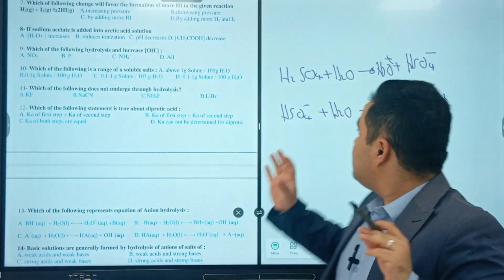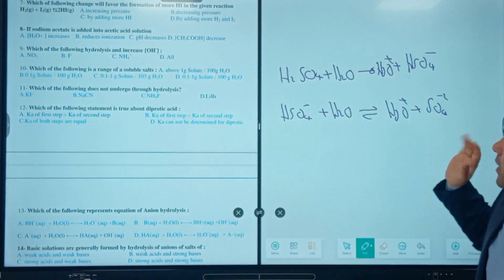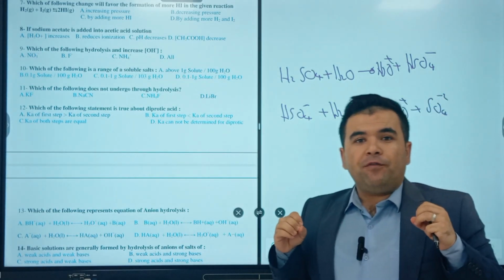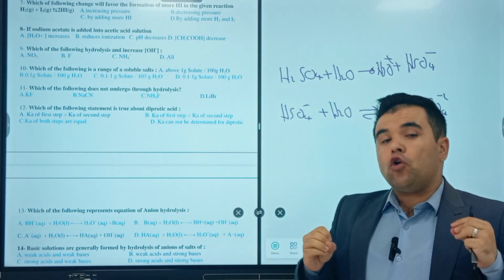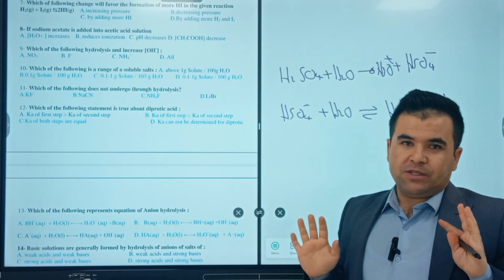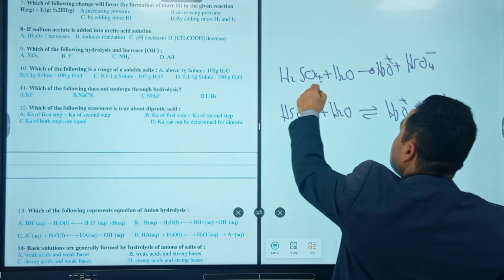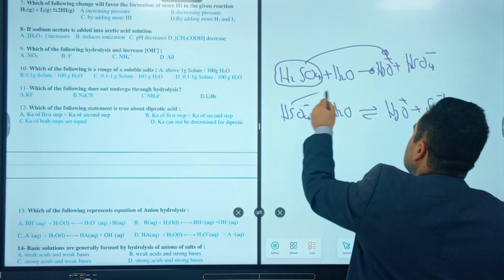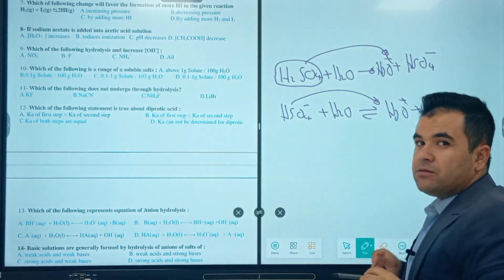This can be strong or weak. Always, guys, in the first step of ionization the acid is stronger than in the following steps. So H2SO4 in the first step will produce more hydronium than HSO4 in the coming step.